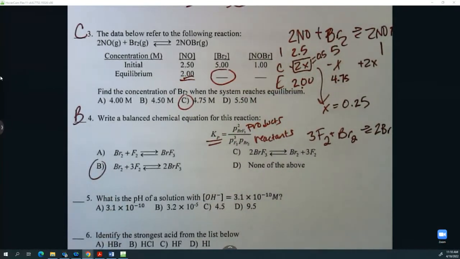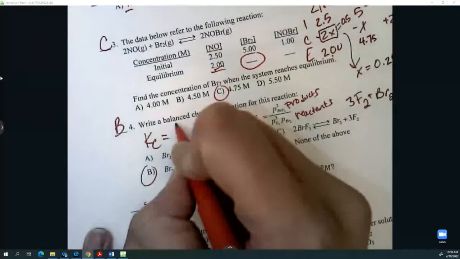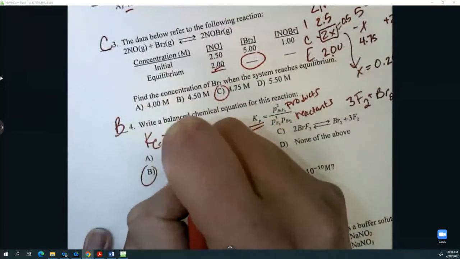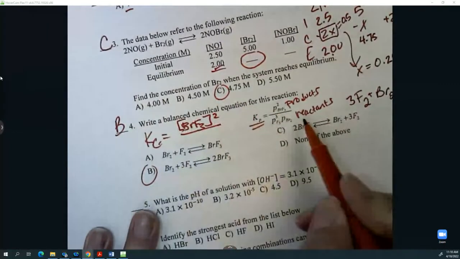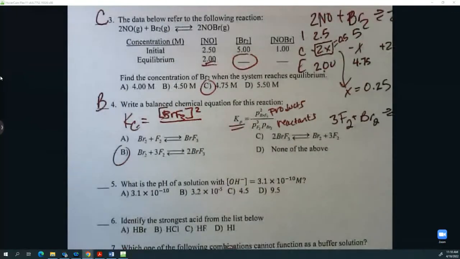So the P just means it's the partial pressure of BrF3. It would be the same, like if I wrote this exact same thing for concentration, it would just be like the brackets instead of the P's. So the P's just mean it's partial pressure. The brackets would mean it's molarity, but it's the same rules. Okay. All right. It's just what actual number you would plug in. Okay.